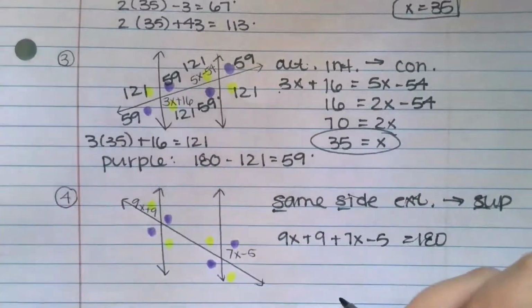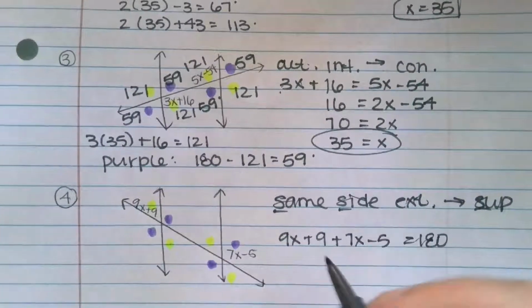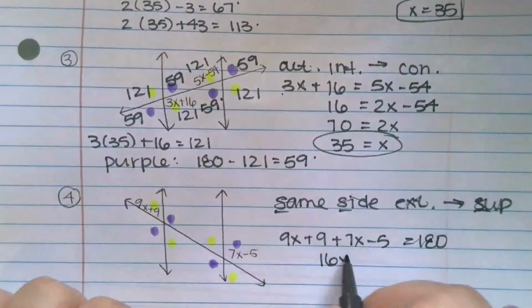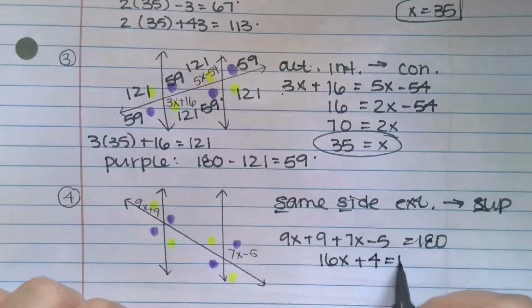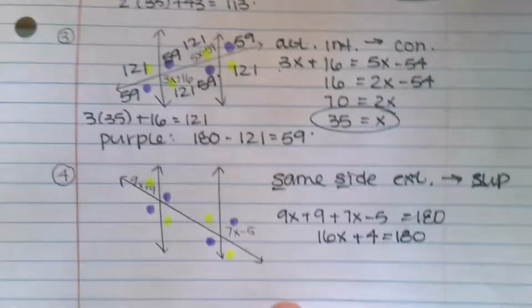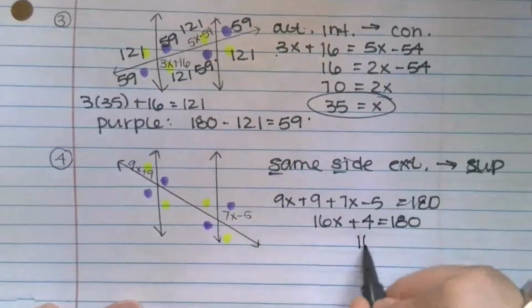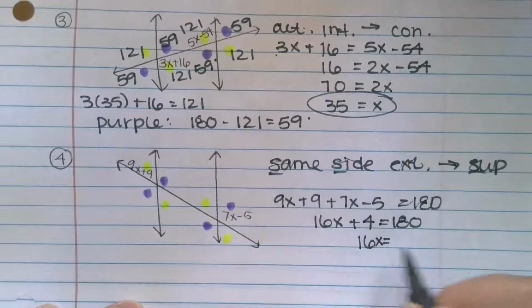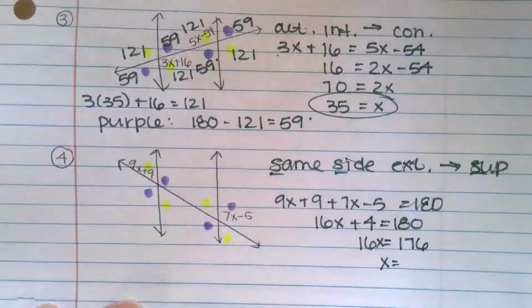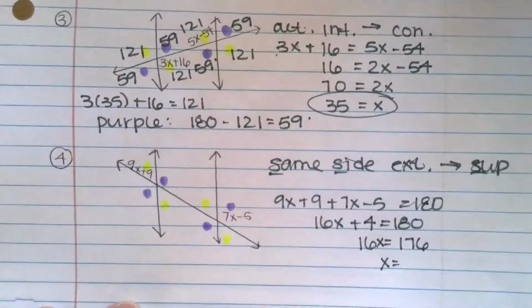Okay. So our first step in solving this, combining our like terms, would give us 16x plus 4 equals 180. Subtract 4 from both sides. That gives us 16x equals 176. Divide both sides by 16.